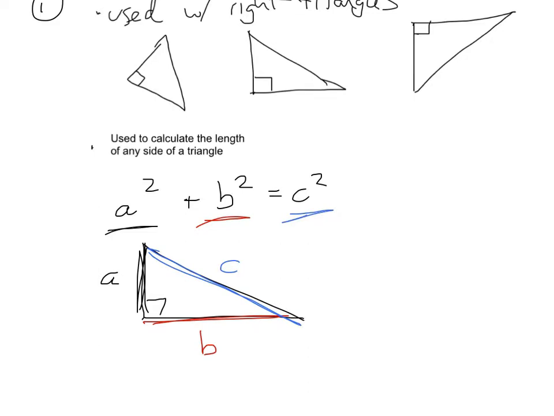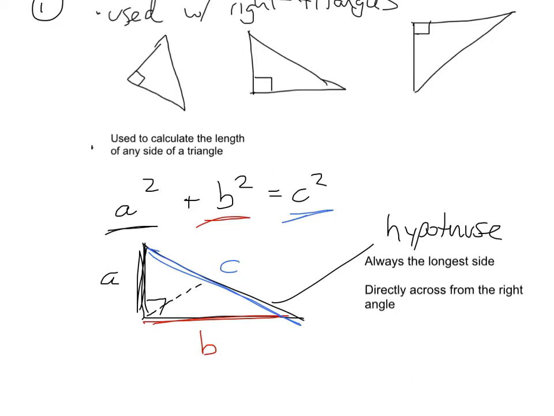So the length of this squared plus the length of this squared will equal that squared, the length of the hypotenuse. So we call that longest side of the triangle, which is also directly across from the right angle, the hypotenuse. Okay? All right, so there you go. It's always the longest side, and it's always directly across from the right angle.